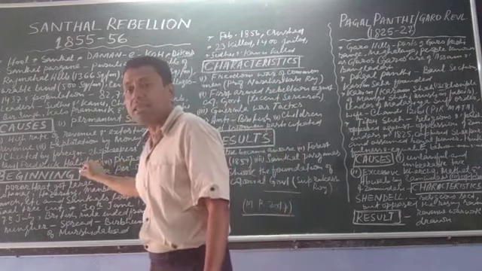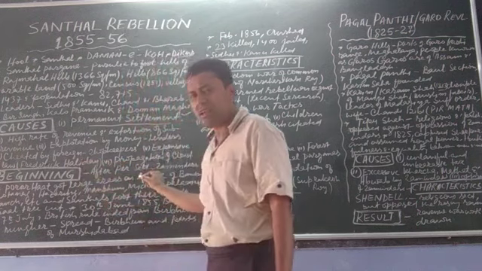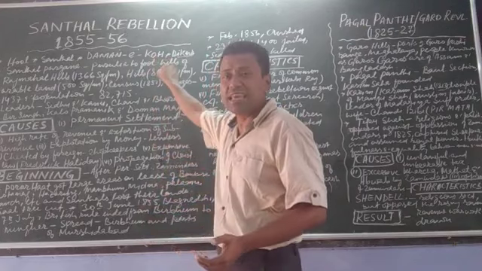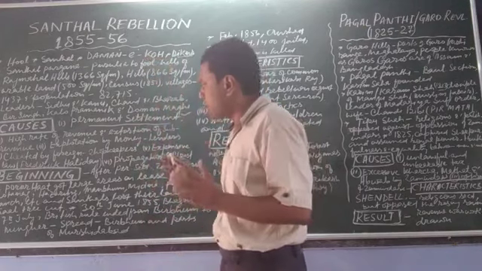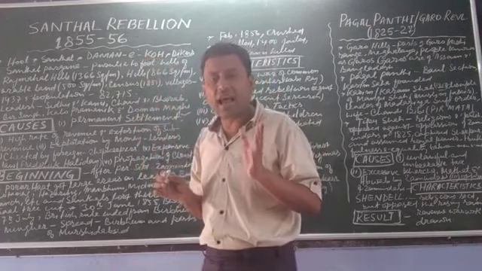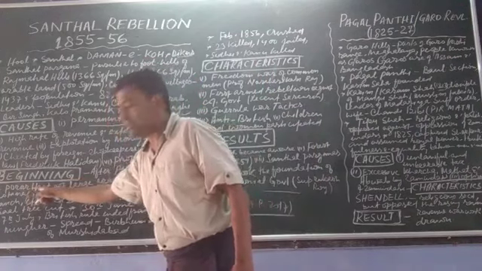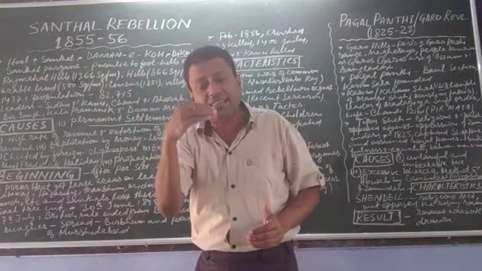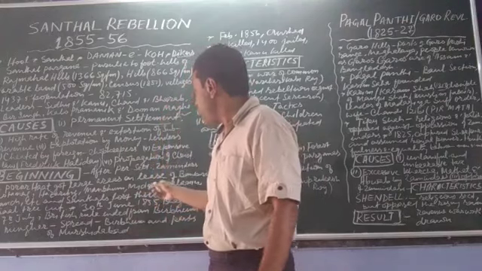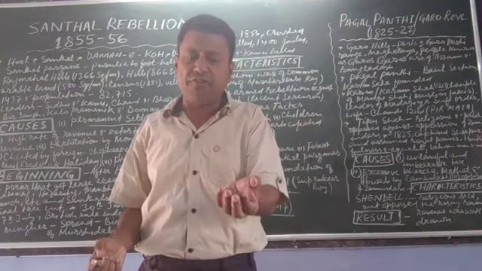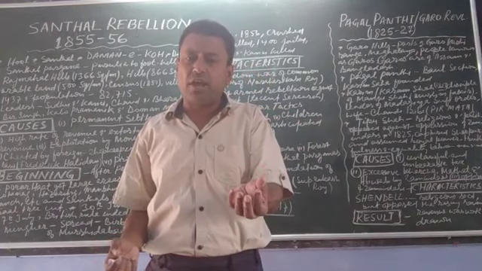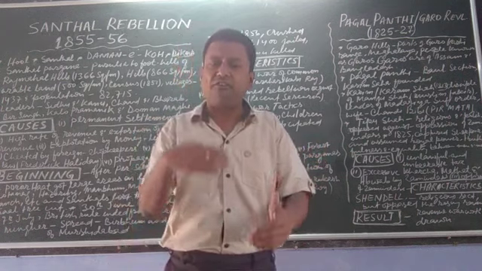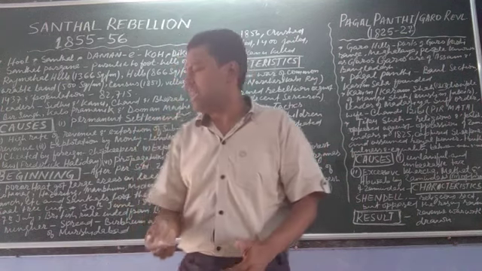Afterwards, how did it begin? We will see the beginning when the permanent settlement system was introduced in these areas in Santhal Pargana. What happened was that the zamindars of Porahat had bought the land on lease, or had taken the lands on lease, of Bakura, of Chota Nagpur, of Hazaribagh, of Manbhum, of Midnapur, these areas.